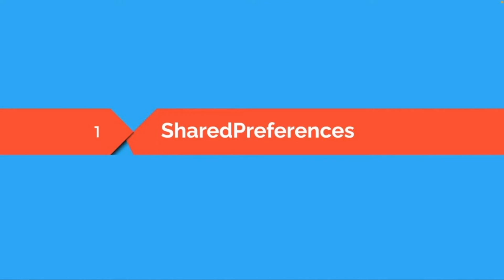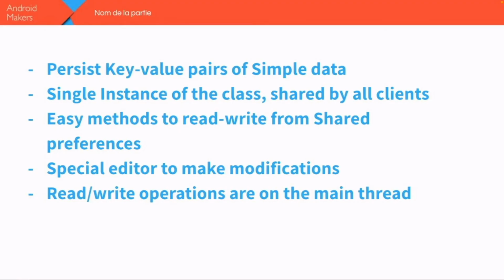So first, let's start with an overview of what shared preferences are. Now, the Shared Preferences API is used to store simple key value pairs in the app. For example, to store some primitive data like if the user has logged in, or the user's username, or some settings, it provides simple methods to read and write from a shared preferences file, which is managed by the Android framework.